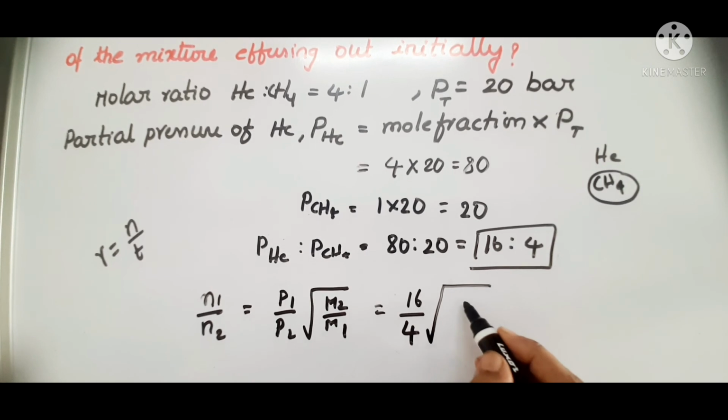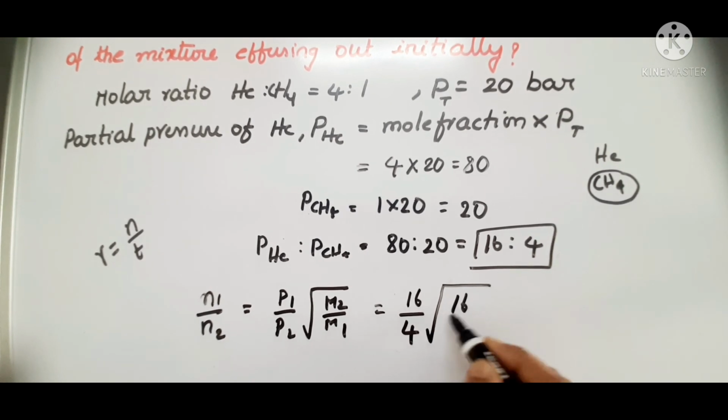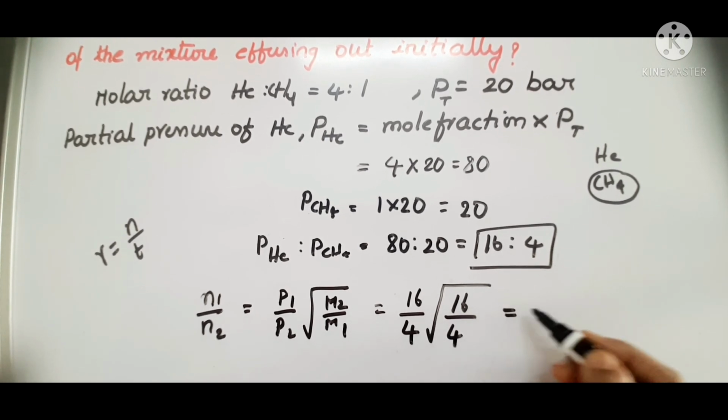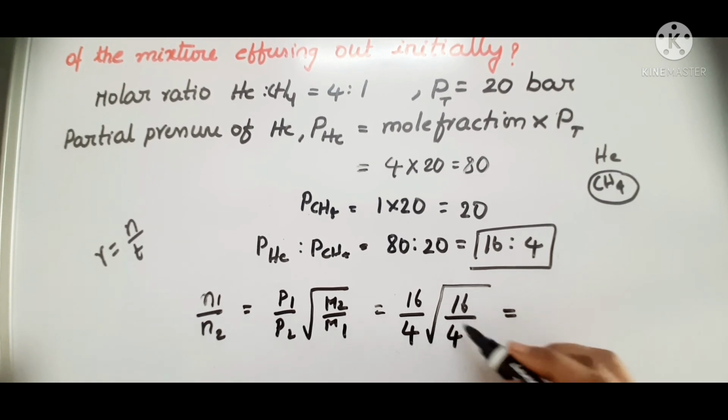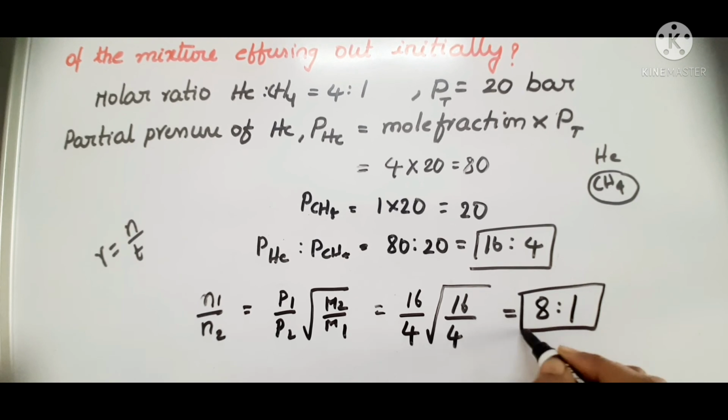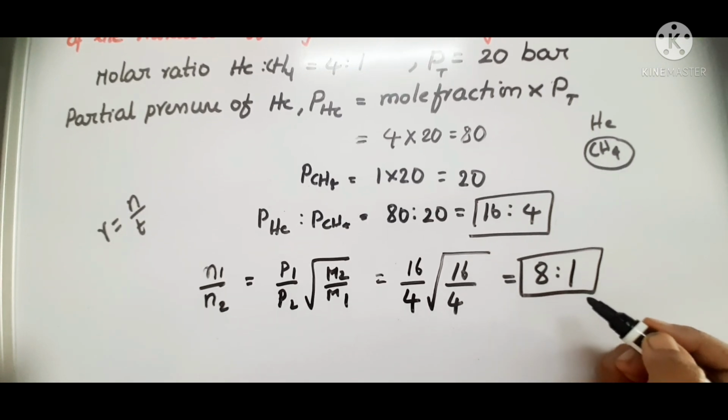What is the molecular mass of CH4? 16. 16 by helium molecular mass equal to 4. So you have 16 by 4 under the square root. When you remove the square root and calculate, you will get the value like 16 by 2. That means 8 is to 1. So this is the ratio or the composition of the mixture initially gone out.